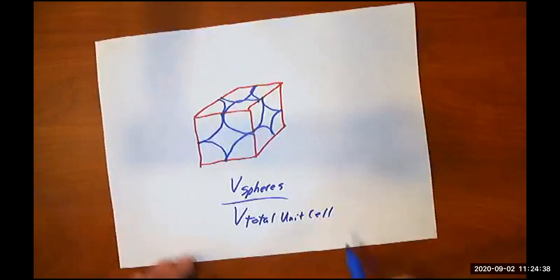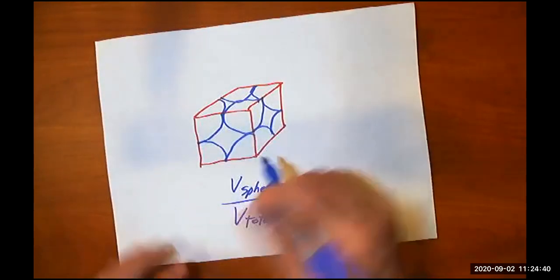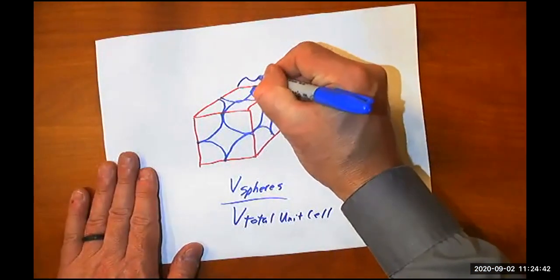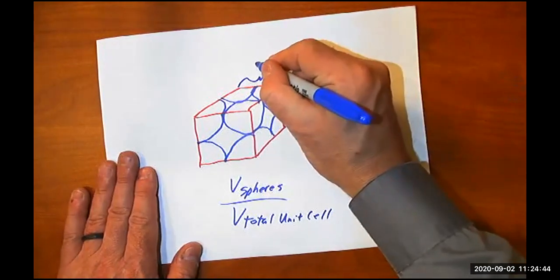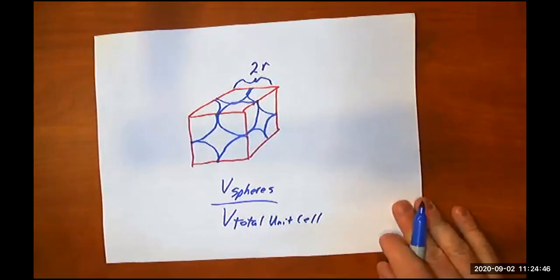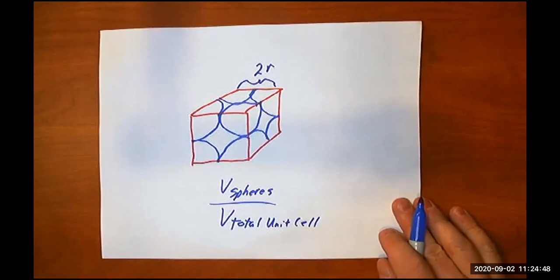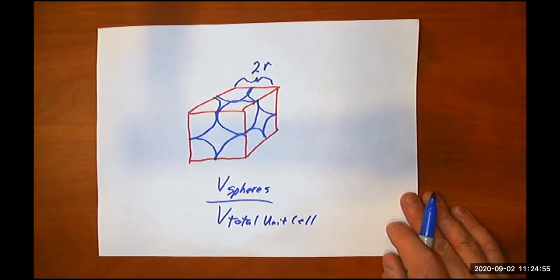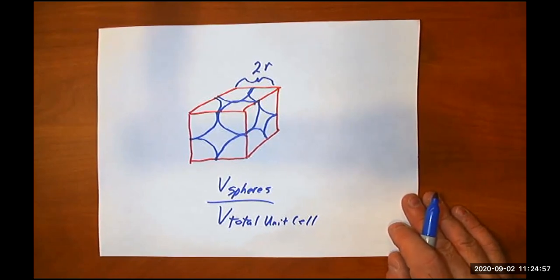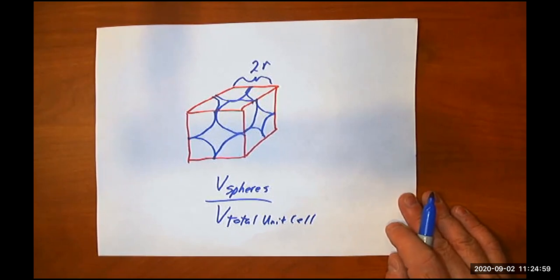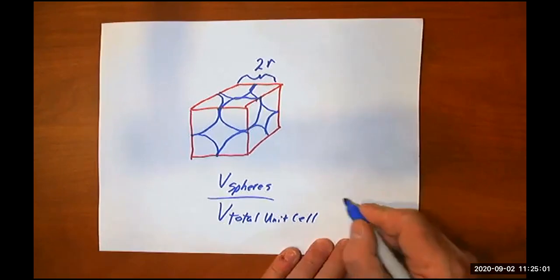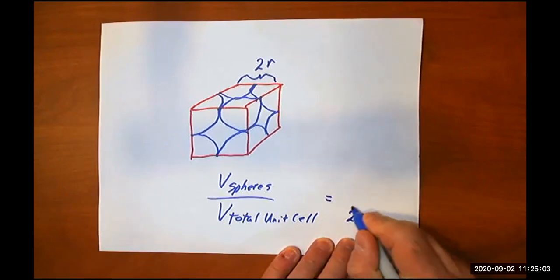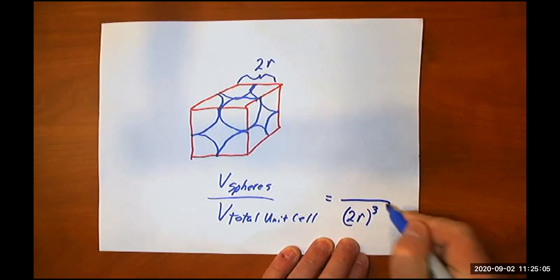So in this case, we have an edge length that is 2r. If that is the case, what is the volume of the total unit cell? Yes. 2r, the quantity cubed. Right.